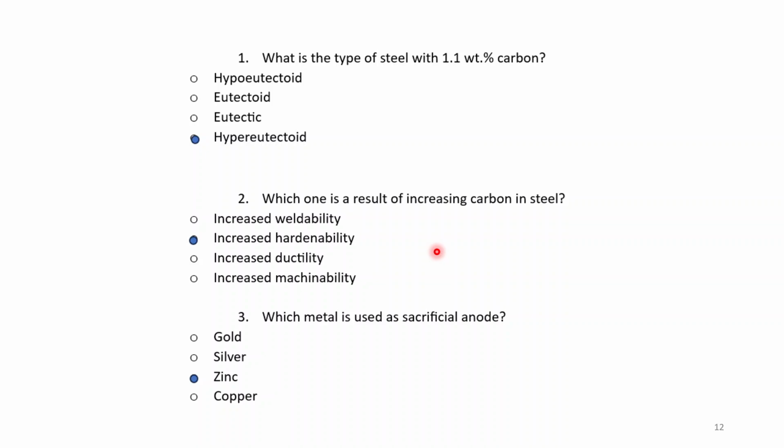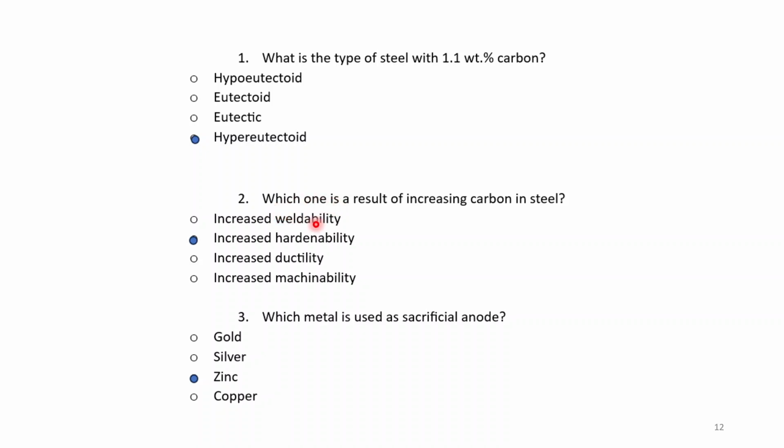Along with hardness, your material's hardenability also increases. Hardenability meaning if your material has higher percentage of carbon, it can easily convert into martensite when you quench this material. So when you increase the carbon percentage, its hardenability also improves.